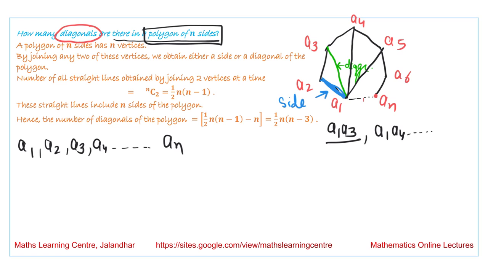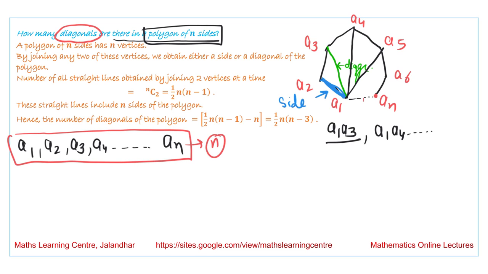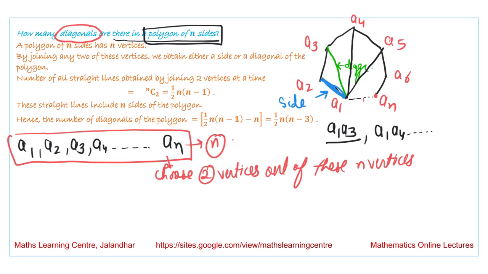Now we want to choose 2 vertices out of these n vertices. Then the number of ways of doing so is NC2.